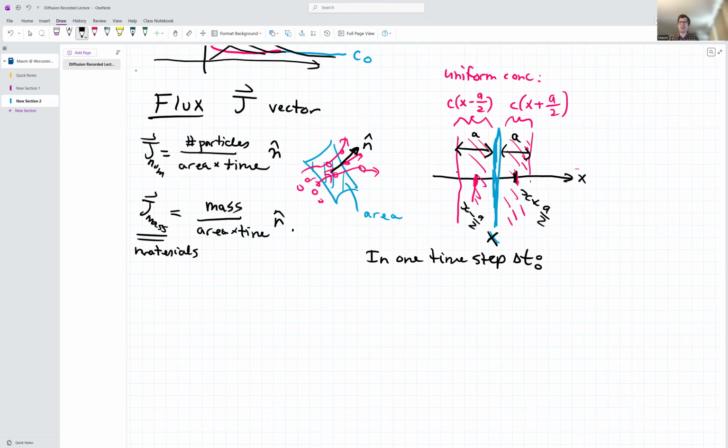This is in 3D, so we're going to assume that this is X, maybe this is the Y direction, and there's a Z direction coming out of the board. If we generalize the random walk process to 3D, it no longer just hops to the left and to the right. It can also hop up and down, and in and out, along the Z direction. So it can hop in 6 different directions.